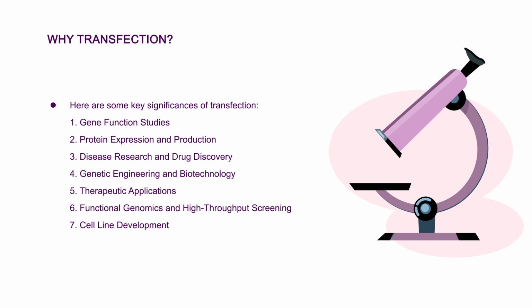Again, functional genomics and high throughput screening is an area where it also has an important application. Transfection techniques are widely utilized in functional genomics studies and high throughput screening assays. By introducing siRNA, shRNA or CRISPR-Cas9 based gene editing tools, researchers can systematically silence or modify specific genes, enabling the identification and characterization of gene functions.